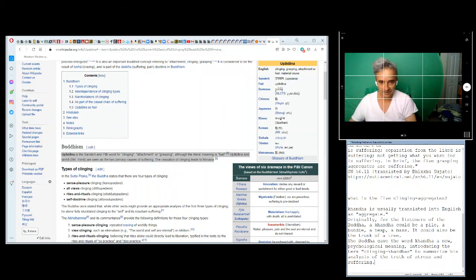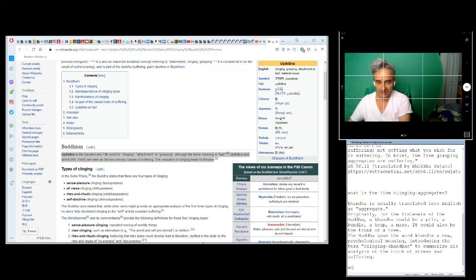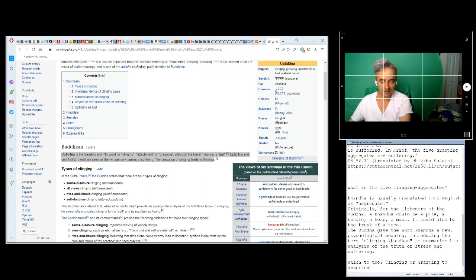It's also been used to describe the five aggregates, the five khandhas, as a psychological condition.